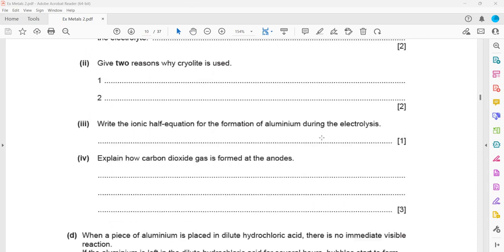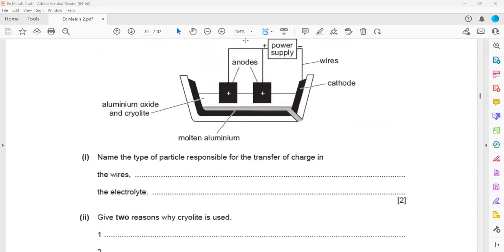Then write the ionic equation for formation of aluminium. How can aluminium be formed? Because we are doing electrolysis of aluminum oxide, there will be aluminium ions and there will be oxide ions. Where will the aluminium ion move, positive or negative? This is the cathode, which is negative, and this one is the anode. So aluminum ions are moving towards the cathode.